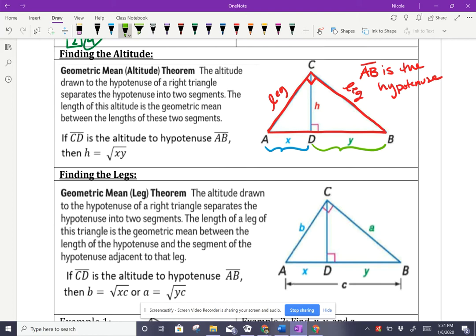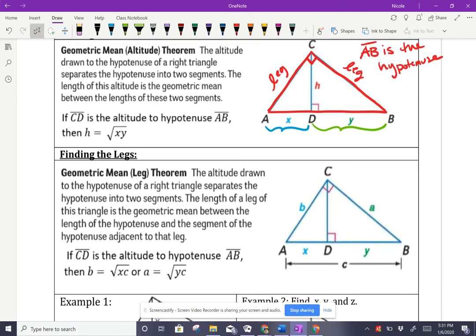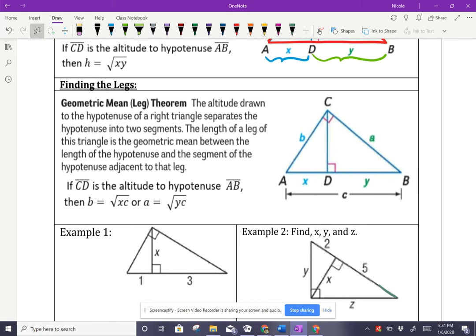Now, the other way that we use the geometric mean is to find the legs. So remember, we have our big triangle here. AB is still our hypotenuse, and AC is a leg and CB is a leg.